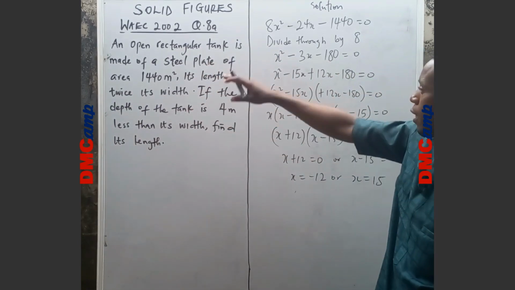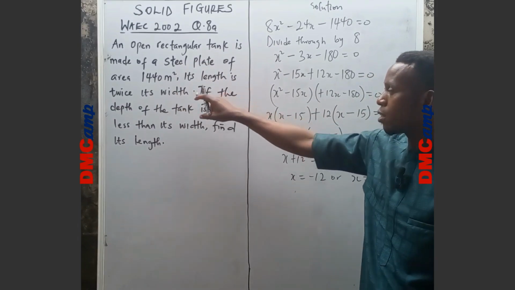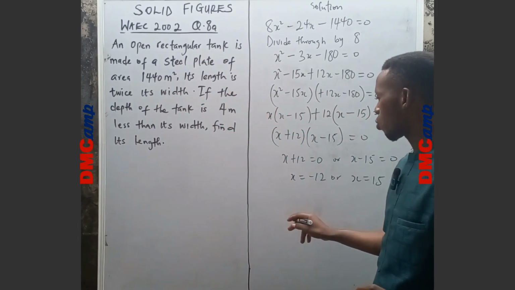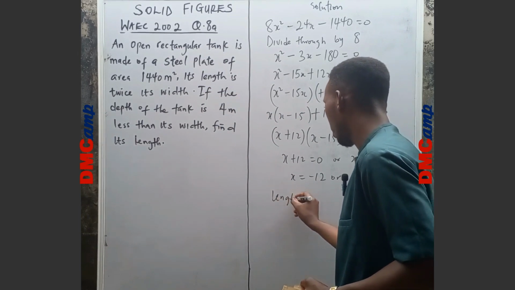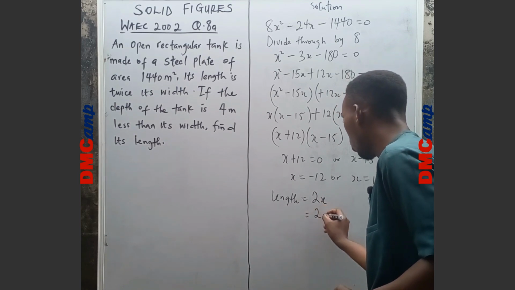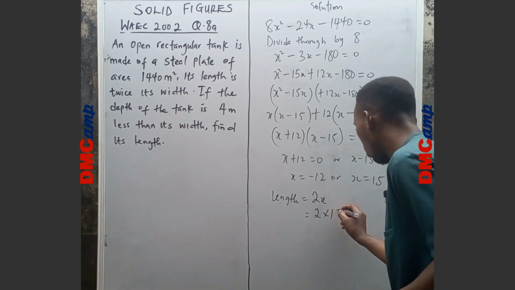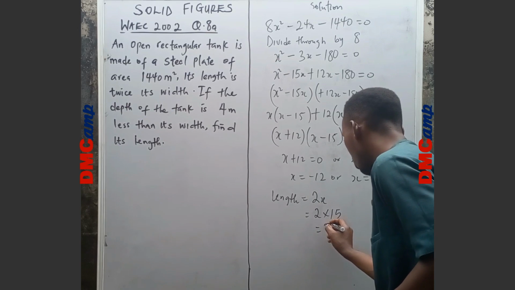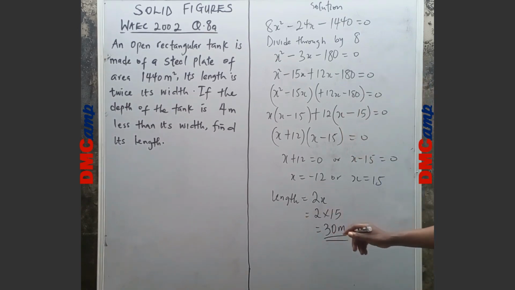We are looking for the length of the rectangular tank, which is twice the width, and that is 2x. So the length equals 2x. Let's use the positive number, which is 15. So 2 times 15 will give us 30 meters. So 30 meters is the length of the rectangular tank.